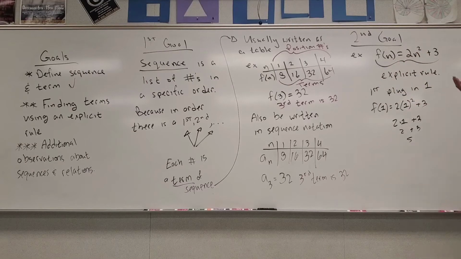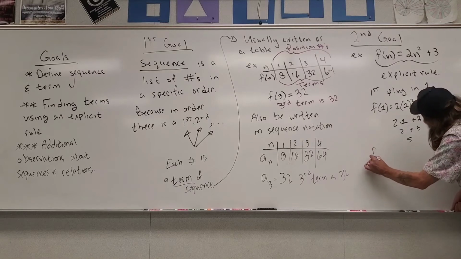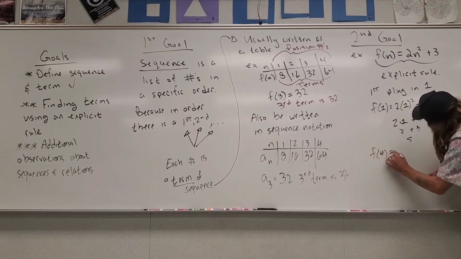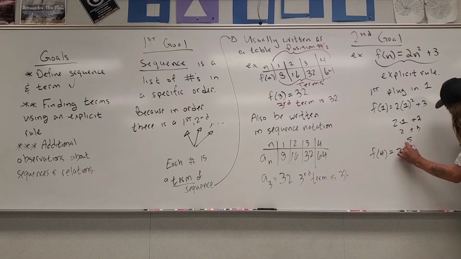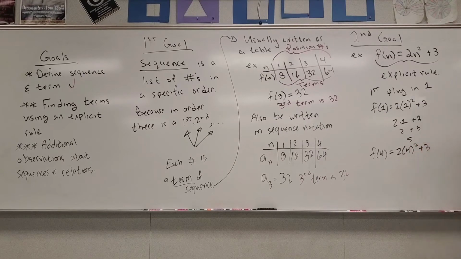If I wanted to find, let's say the fourth term, I would plug in 4, and I would work it out. So let's see here. So that becomes 2 times 4 to the second power plus 3. 4 to the second power, that's 4 times 4, so that becomes 2 times 16 plus 3. 2 times 16 is going to get me to 32. 32 plus 3 is going to get me to 35.